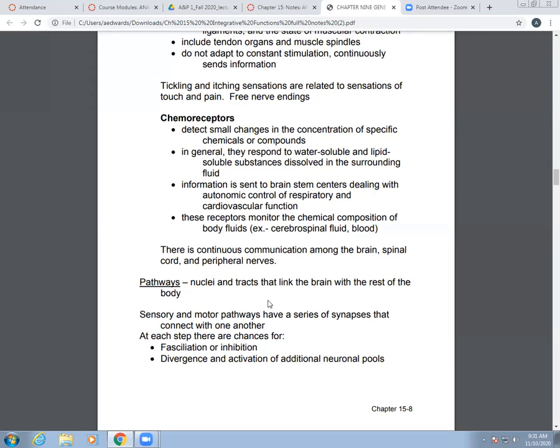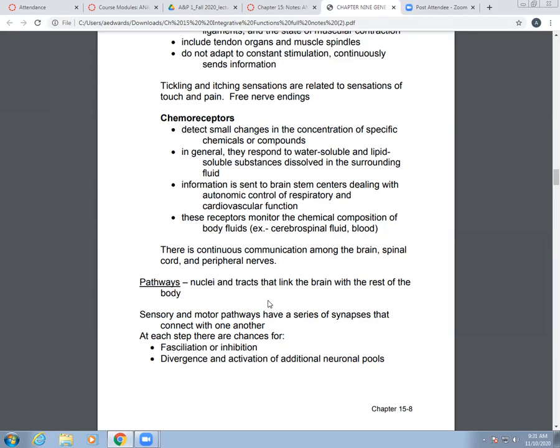Now that we've talked about the thermoreceptors, nociceptors, and mechanoreceptors, let's talk about the chemoreceptors. As the name suggests, they are responsive to small changes in concentration of specific chemicals. Generally, they respond to water-soluble and lipid-soluble substances that are dissolved in your surrounding fluid.